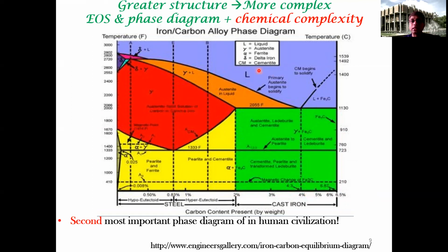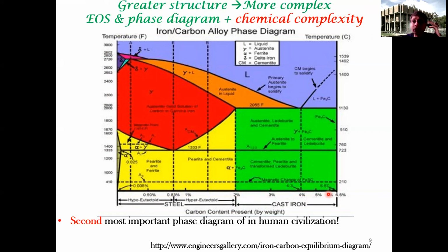This is the iron-carbon phase diagram, an extremely important thing in human civilization itself. You are plotting temperature on the y-axis, and carbon content on the x-axis. The amount of carbon is not a lot.